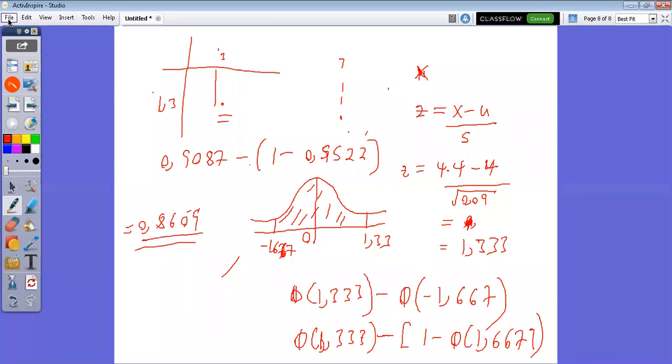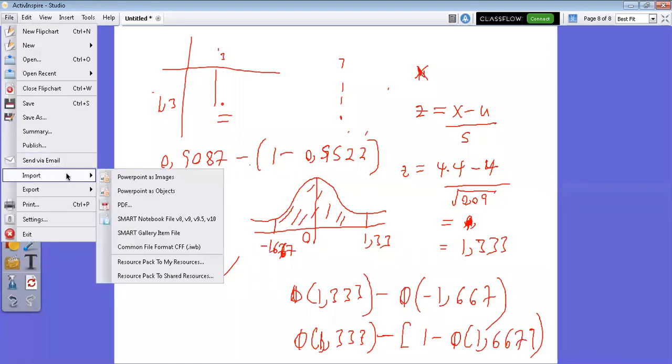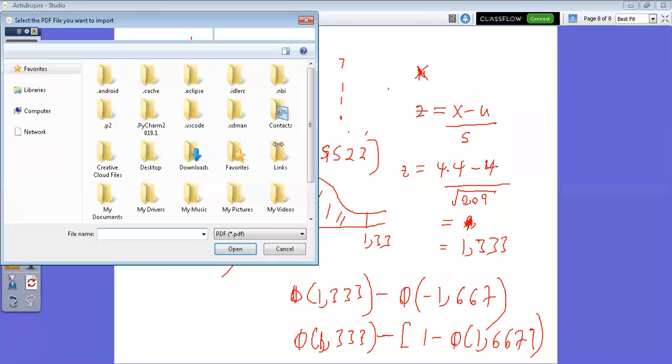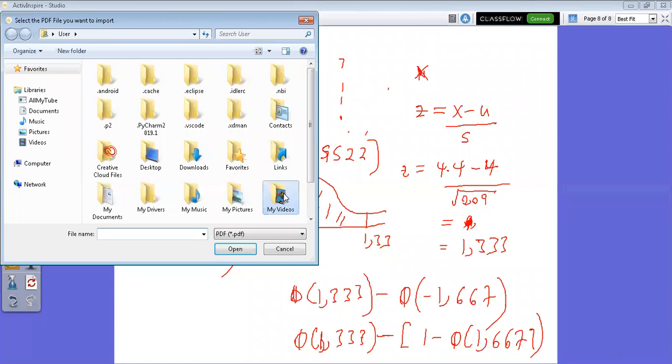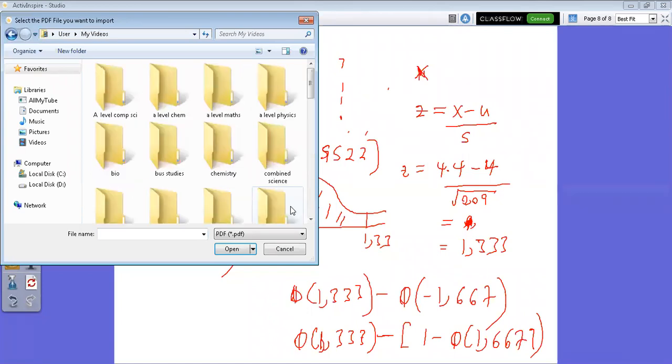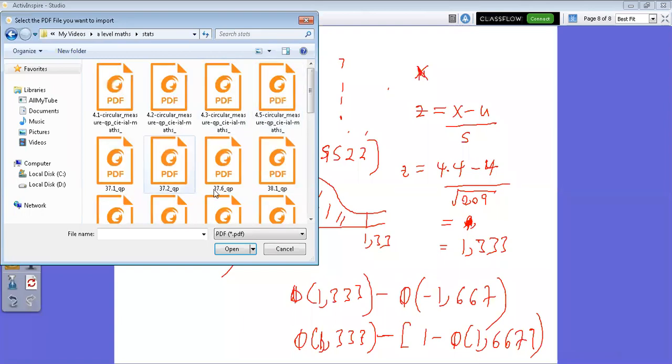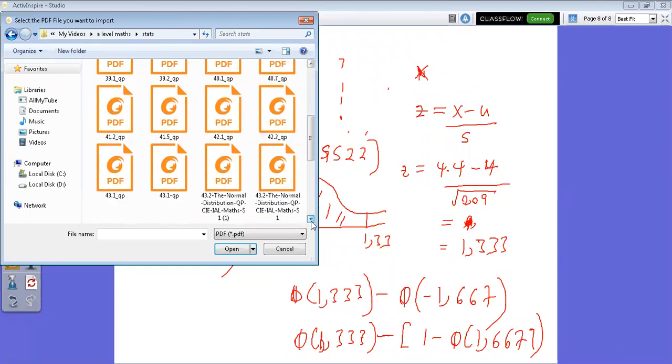Now let's look at the exam questions. The actual exam questions, what you get. Distribution.